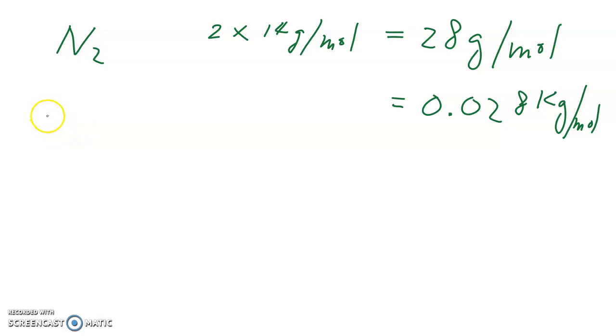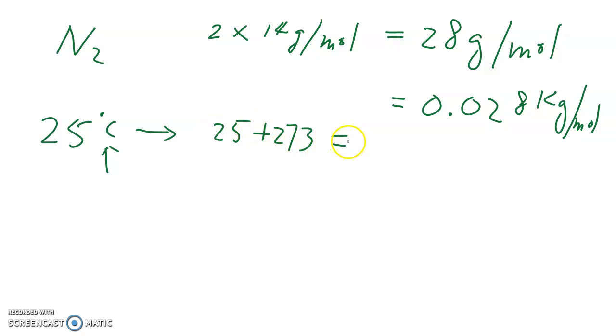What we want to calculate is the velocity of nitrogen molecules in air at about room temperature, that is 25 degrees Celsius. Twenty-five degrees Celsius is not an SI unit. The SI unit is Kelvin, so we are going to convert that into Kelvin, which is equal to 298 Kelvin.